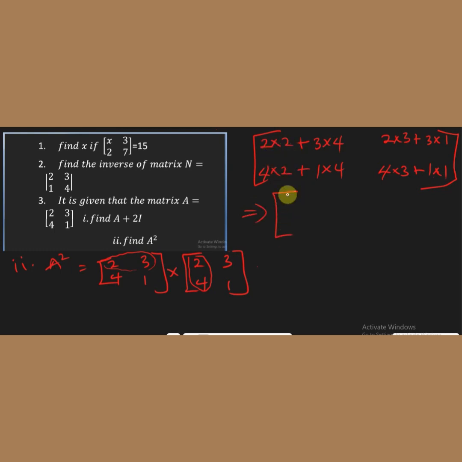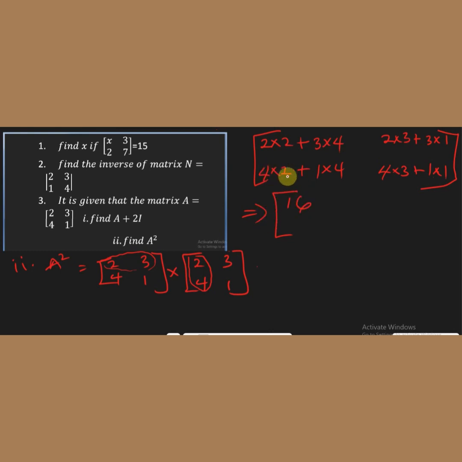2 times 2 is 4. 3 times 4 is 12. 12 plus 4 is going to give me 16.